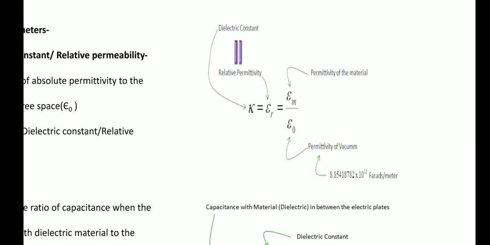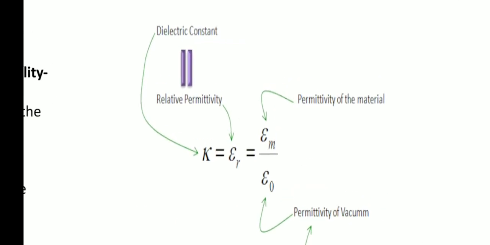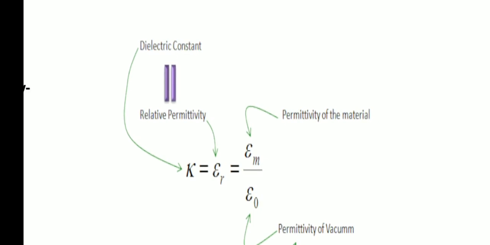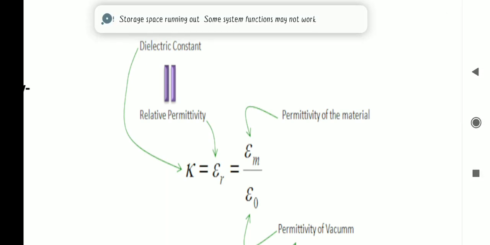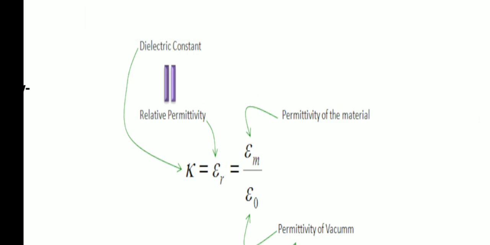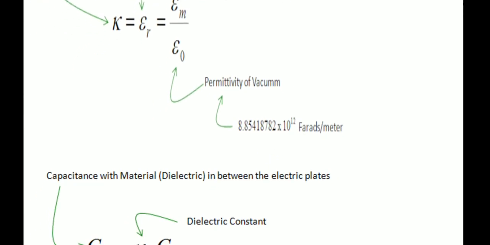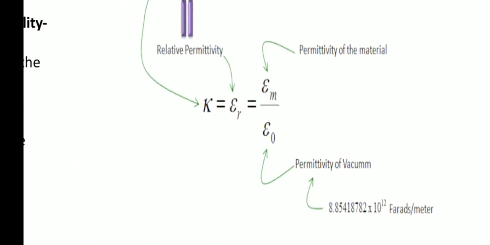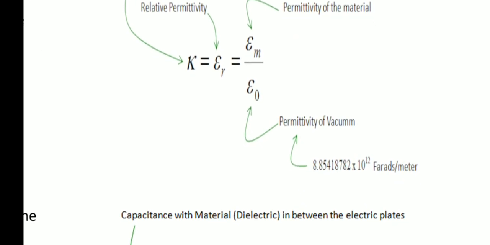On the right side we can see the dielectric constant is denoted by letter K and relative permittivity is denoted by epsilon r. So K is equal to epsilon r, which is equal to epsilon m divided by epsilon 0. Epsilon m indicates the permittivity of the material, epsilon 0 indicates the permittivity of the vacuum, which is equal to 8.85 into 10 raised to minus 12 farad per meter.